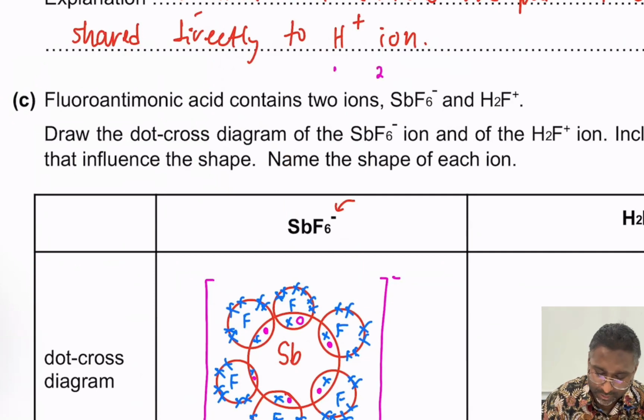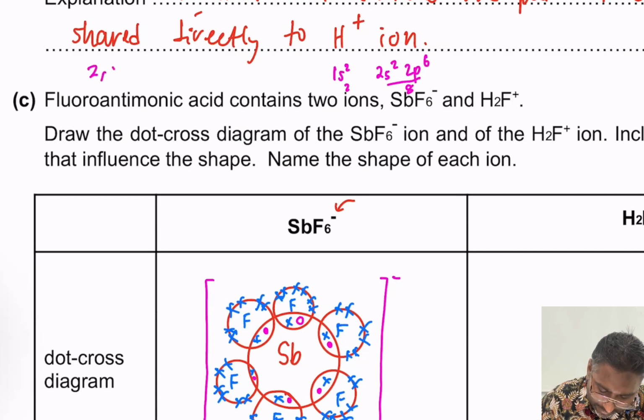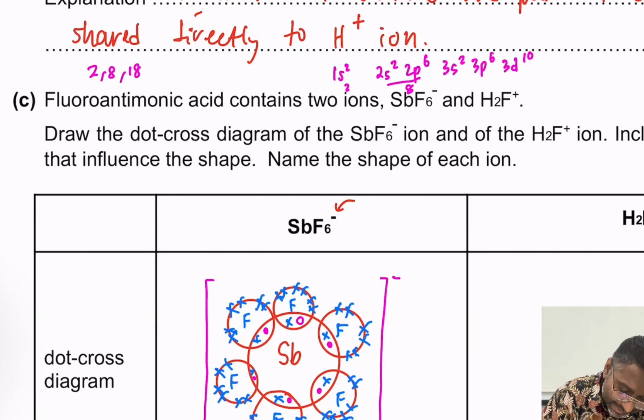Let me tell you a little bit about the expansion of octet. 1s2, that's 2. 2s2, 2p6, that's why they say 8. That's why we write down 2, 8. Then after that, 3s2, 3p6, then we have 3d10. That's supposed to be 18.